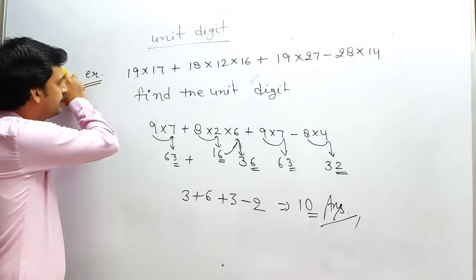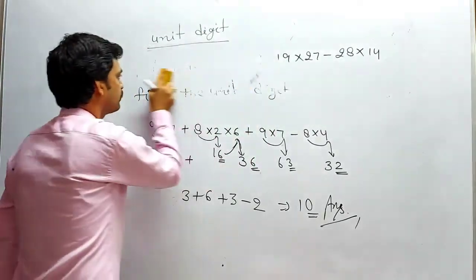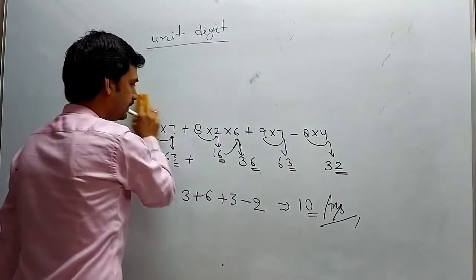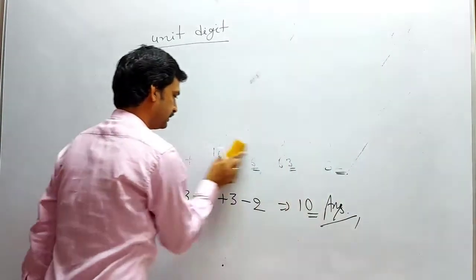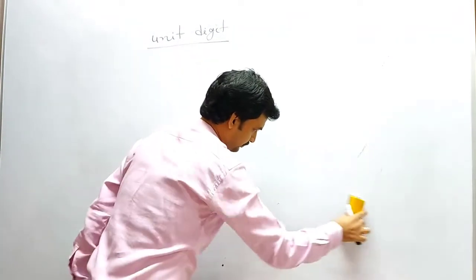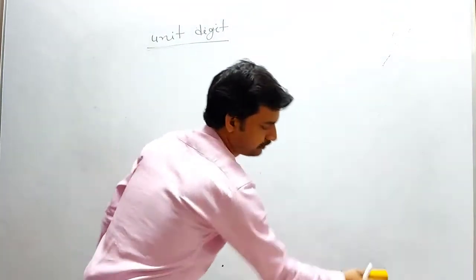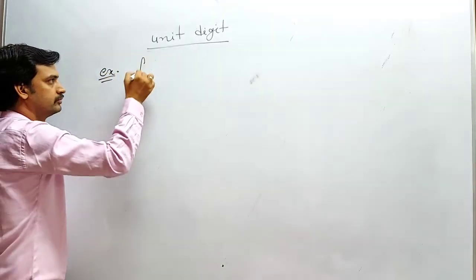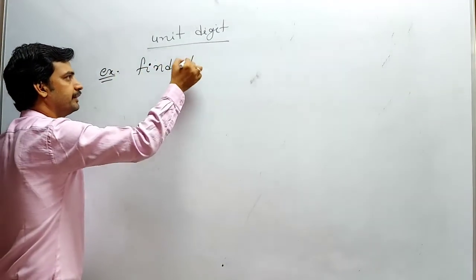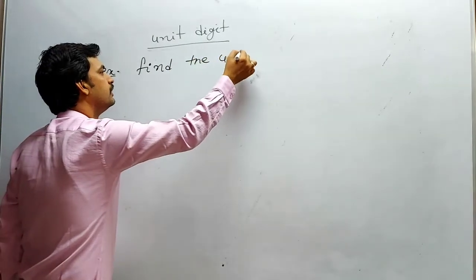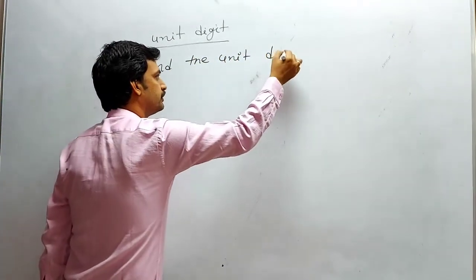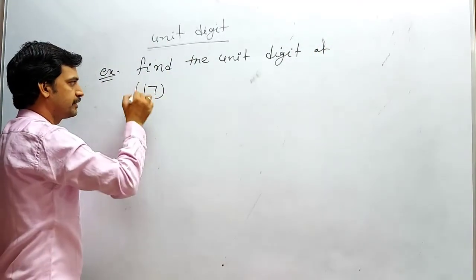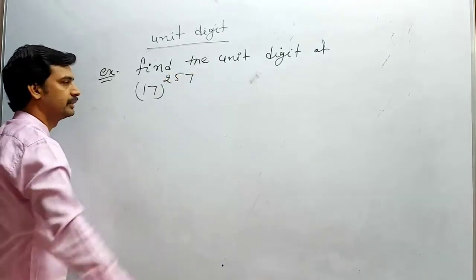Now we'll move to the next level of unit digit. This was the basic level. The next level is when questions are given in terms of powers, like: find the unit digit of 17 raised to 257.